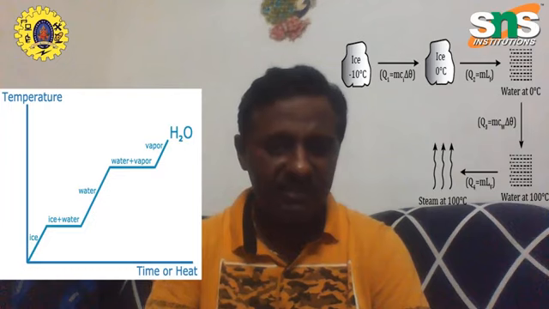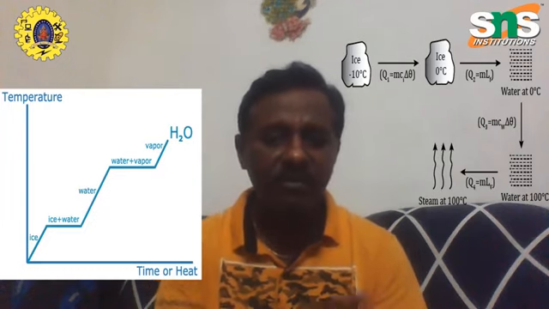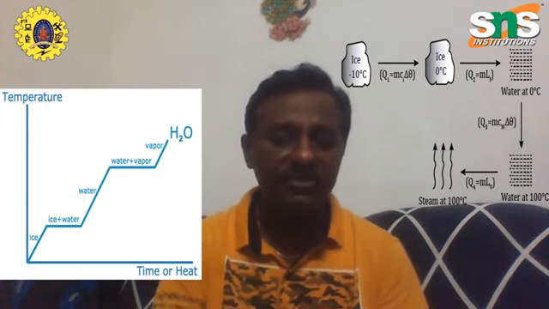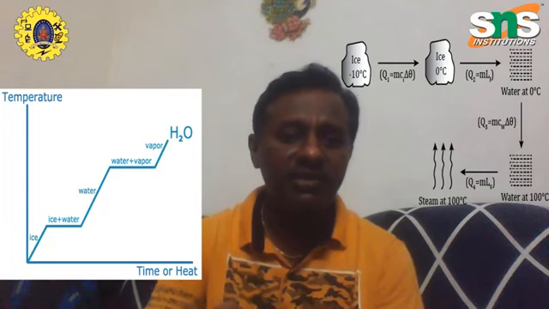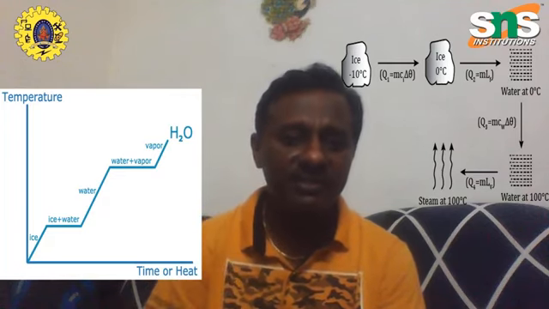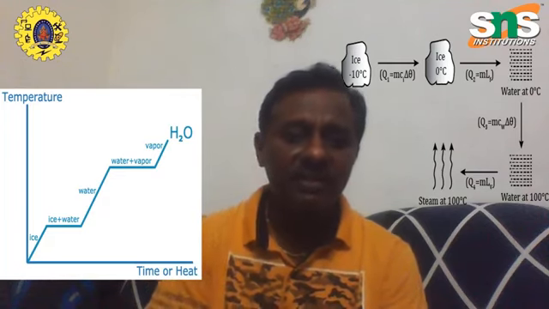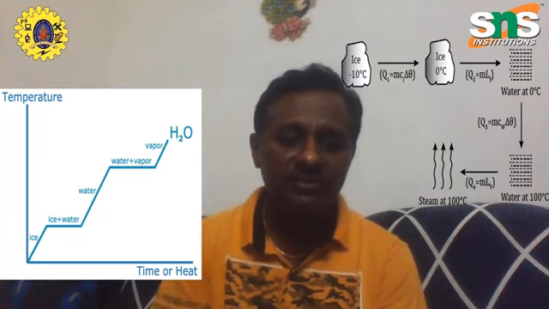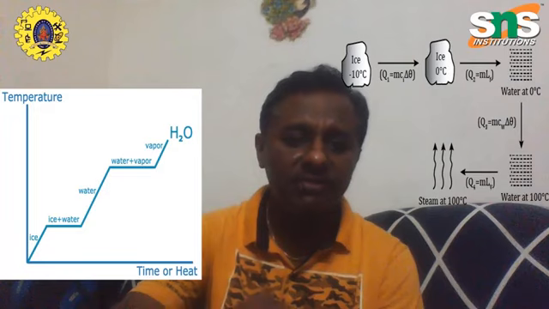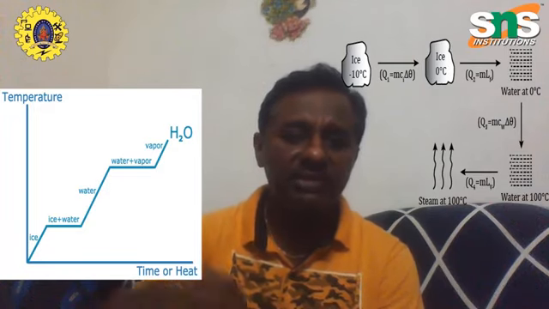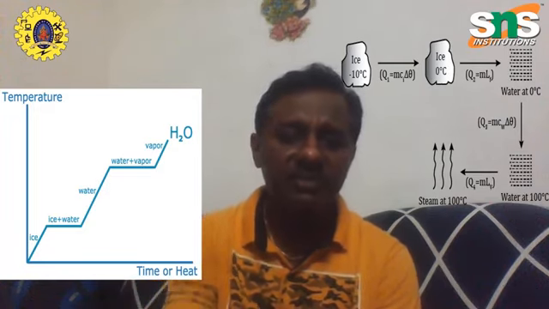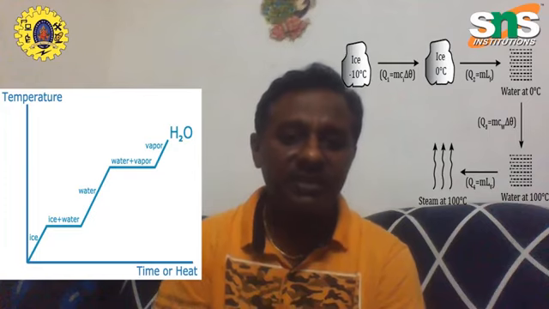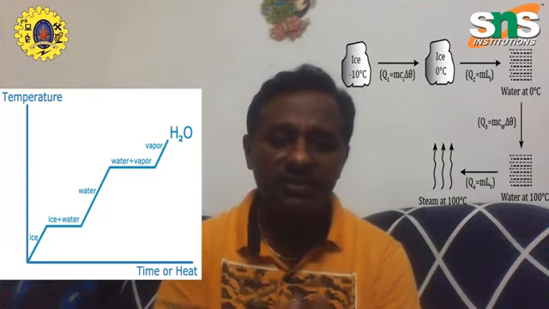Wet steam is when the boiling of water happens, some amount of water particles becomes vapor state, and most of it remains water particles. That means some portion of the water becomes vapor, the remaining are water particles. That kind of steam is called wet steam.